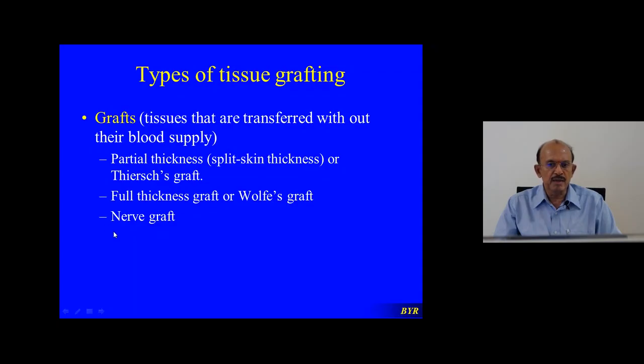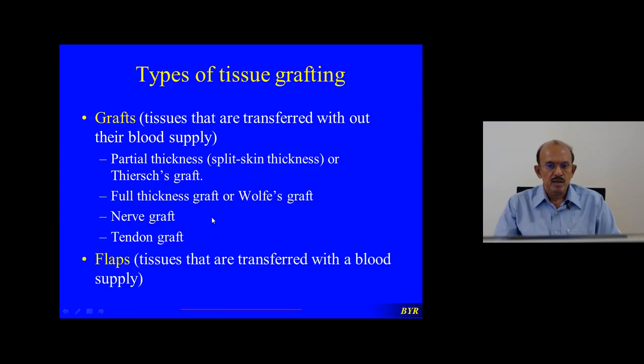Other tissues can also be grafted, like nerve grafting, tendon grafting. Then flaps. Flap means tissues that are transferred with intact blood supply. For the time being, you remember this point. Flaps means skin that is transferred along with its blood supply.